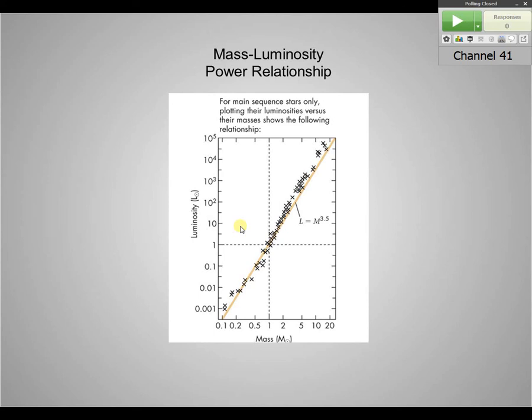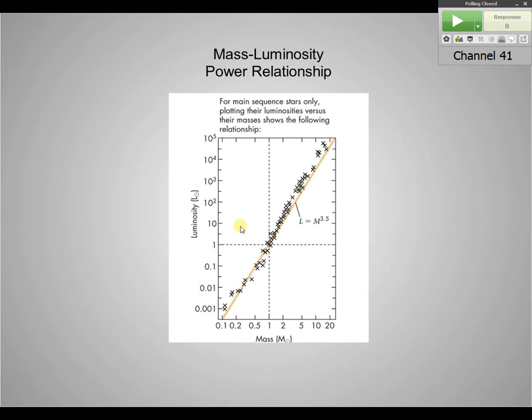So on the horizontal axis of this graph, you've got the mass of a star plotted in units of the mass of the sun. This subscript that looks like a circle with a dot inside of it is a common subscript that astronomers use to mean the sun. So 1 on here, 1 mass of the sun, would be the sun's mass.